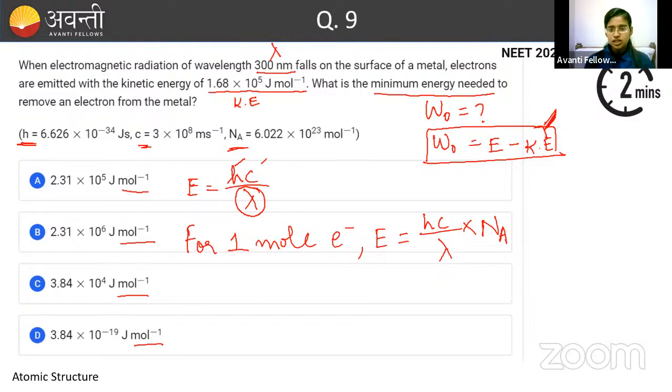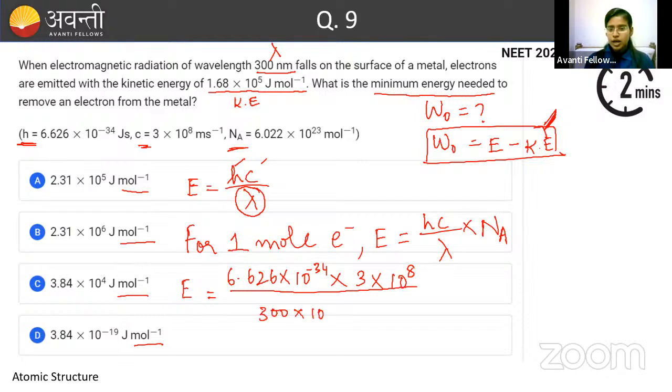Just substitute everything. E is equal to H, which is 6.626 into 10 to the power minus 34 joule second, into the value of C, which is 3 into 10 to the power 8 meter per second, divided by the lambda value, 300 nanometer, so it is 300 into 10 to the power minus 9 meter, into the Avogadro number, 6.022 into 10 to the power 23.